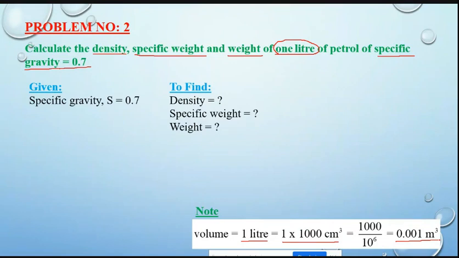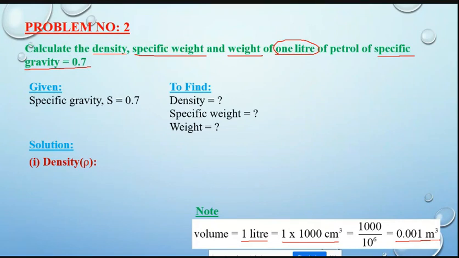What is the formula for density? Basically it is mass per volume, or else we can use specific weight divided by gravity. We can use that formula, but here we don't have the value for specific weight, and also we don't have the value for mass. So for that we have to use a different formula, that is specific gravity.